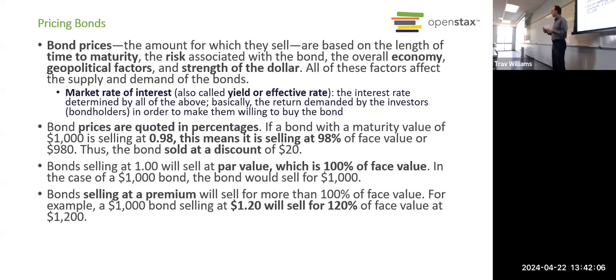So the stated rate is what the company promised to pay when they issued the bond. The market rate is what you actually get based on how much you paid for the bond.